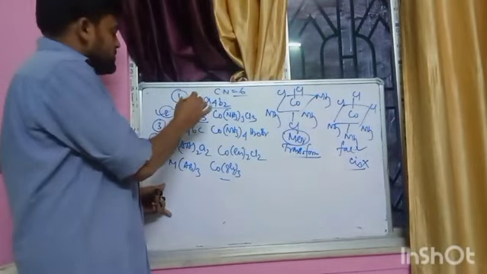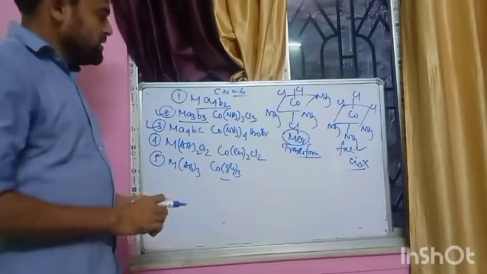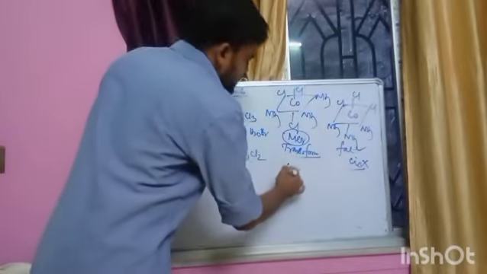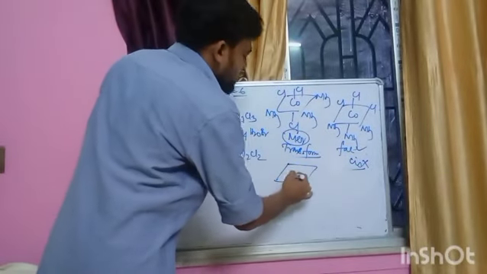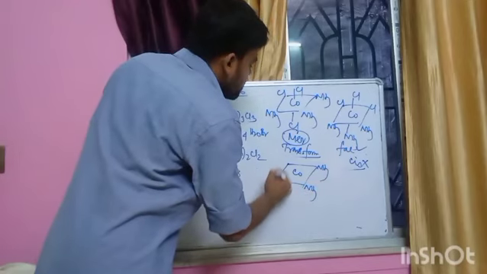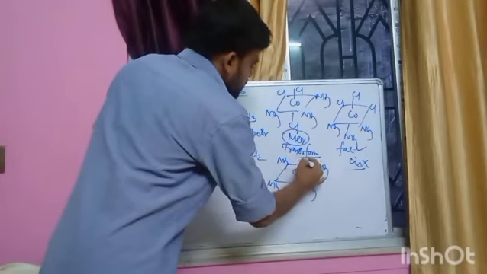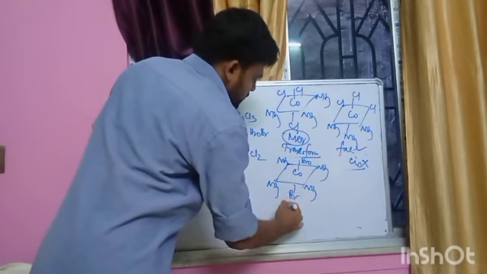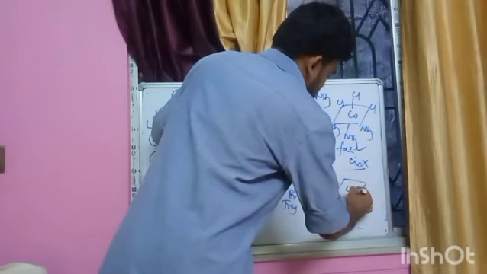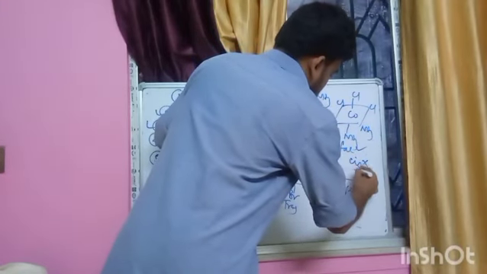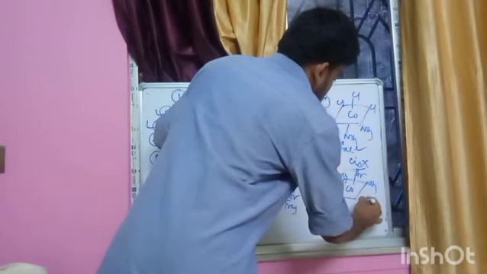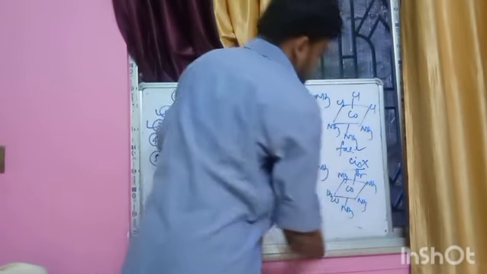Now in A4BC, for example [Co(NH3)4(H2O)Br], there are cis and trans forms: Co, NH3, NH3, NH3, NH3, H2O and Br. This is the trans form, and the cis form is Co, NH3, Br, NH3, H2O, NH3, NH3.